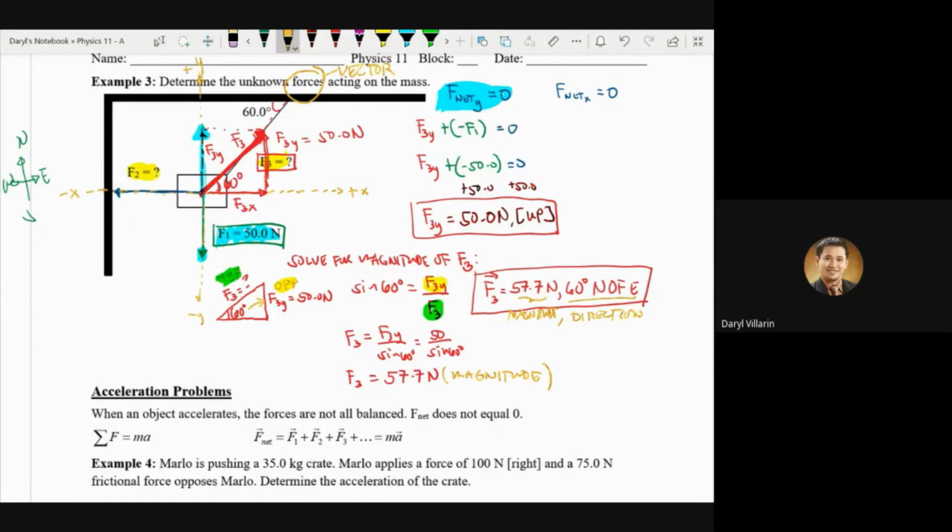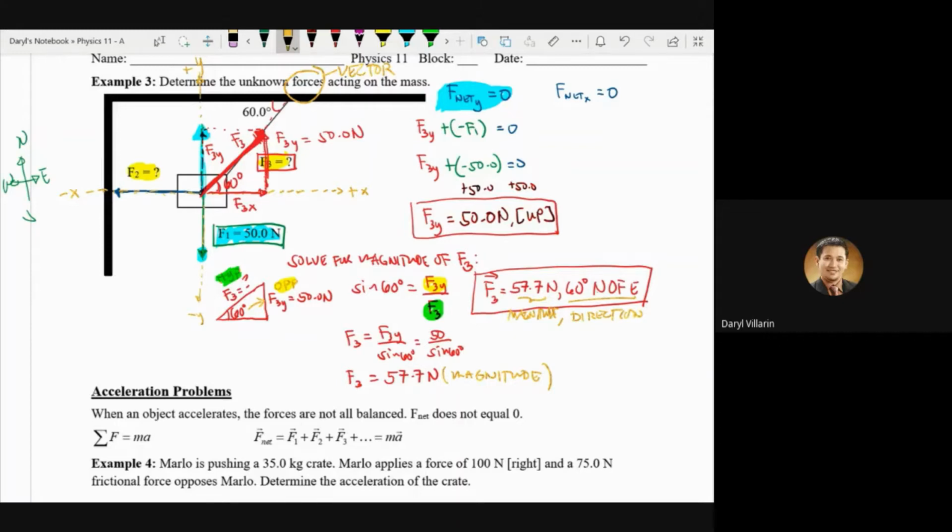But F2, if you can see, is just lying along the horizontal axis. Your F2 doesn't have any Y component. So F2 is just along your X axis.